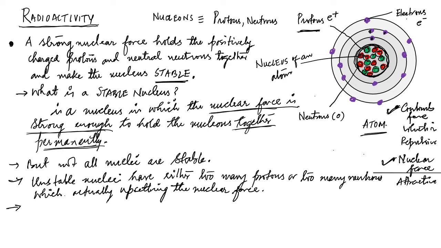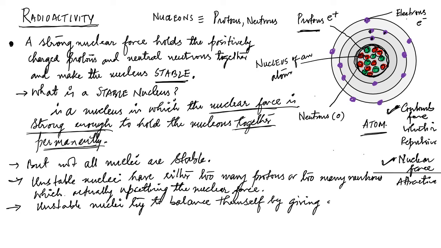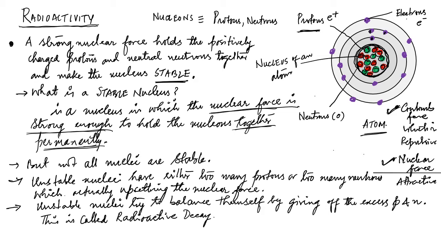What unstable nuclei do is try to balance themselves by giving off the excess protons and neutrons, and this is called radioactive decay.